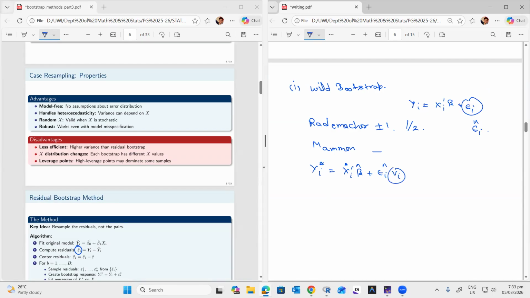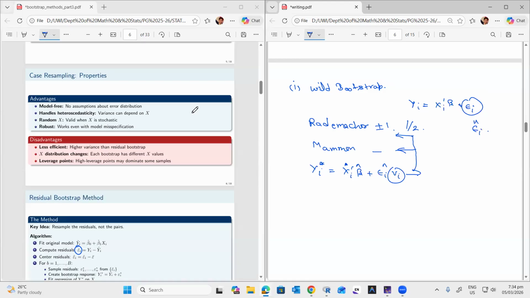Here we assume that vi follows any one of these two distributions, the Rademacher or Mammen distribution. I will discuss them in detail later when we get there.